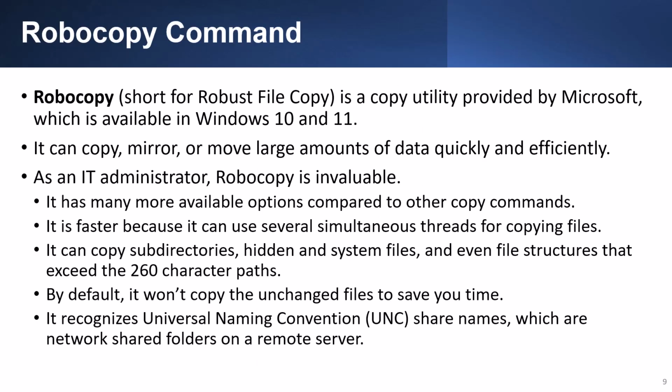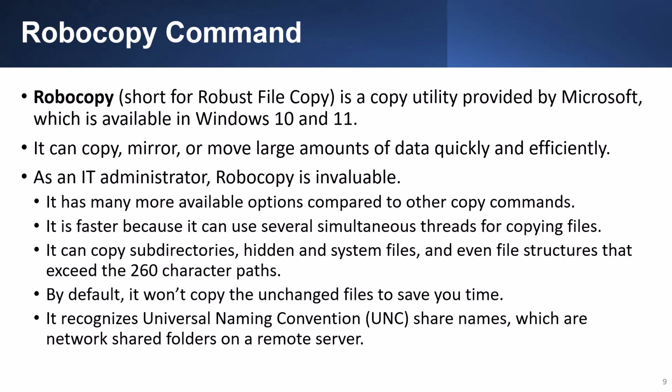Robocopy, short for robust file copy, is a copy utility provided by Microsoft, which is available in Windows 10 and 11. It can copy, mirror, or move large amounts of data quickly and efficiently. As an IT administrator, Robocopy is invaluable. It has many more available options compared to other copy commands.